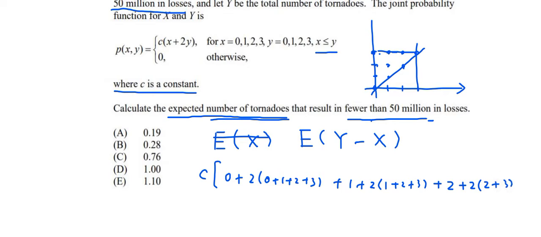And X equals 3, Y is 3. So we find this sum equals 50. So C times 50 equals 1, so C equals 1 over 50.